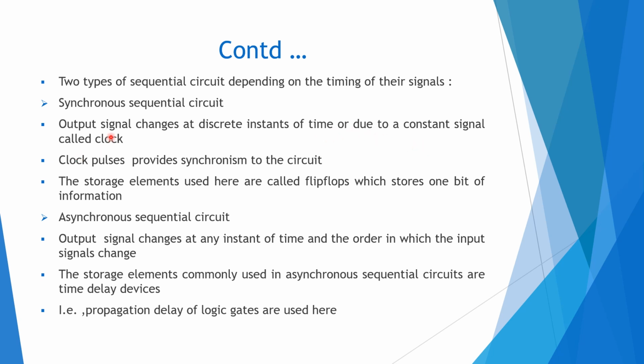So in a synchronous circuit, there's a signal called clock, and all the output and input of the system depends upon this clock, and the clock pulses provide synchronism to the circuit. Just like a heartbeat gives the timing of the body, the clock gives the timing to the circuit.